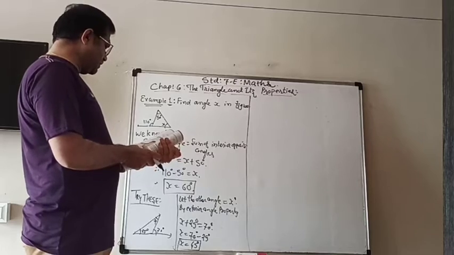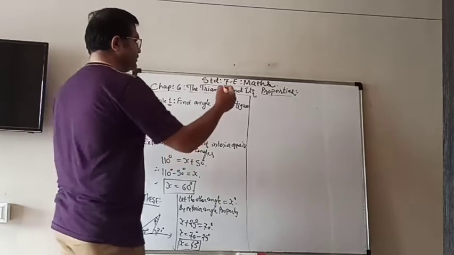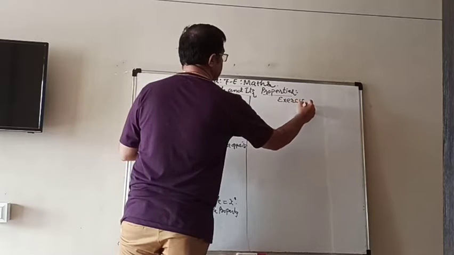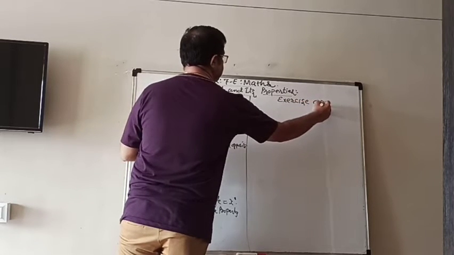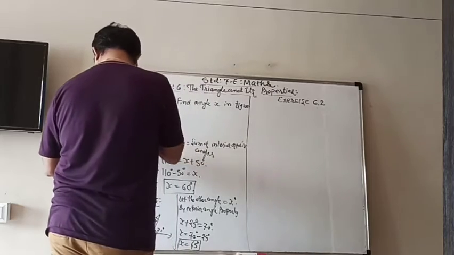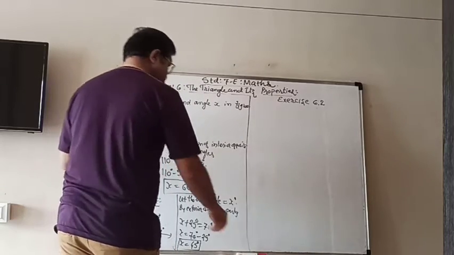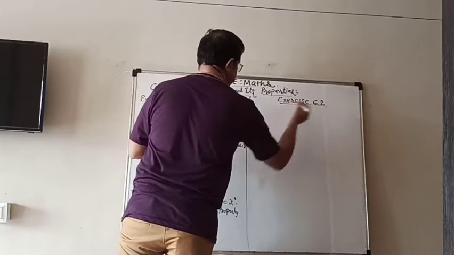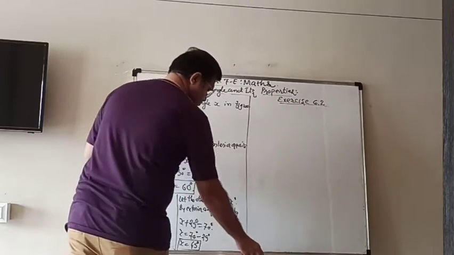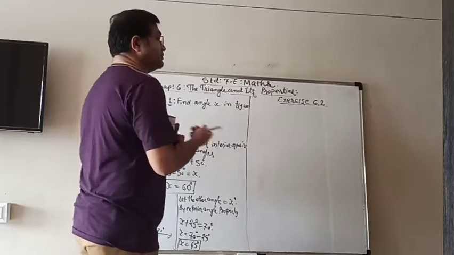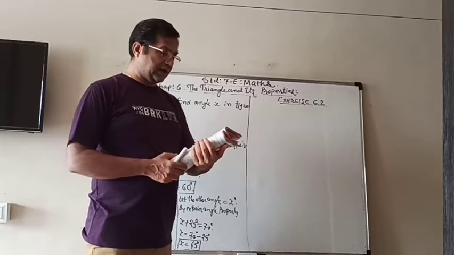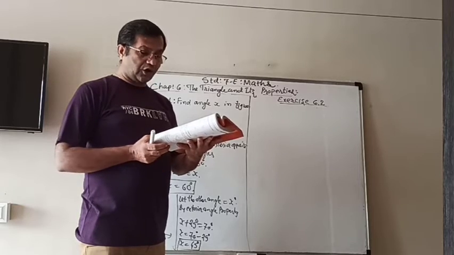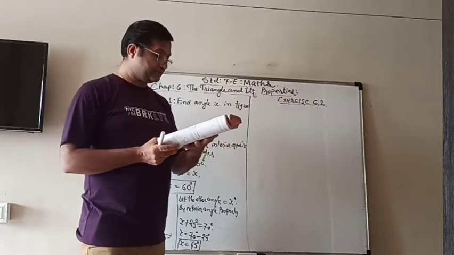The other question you can write down yourself. We are going to start the exercise. Exercise 6.2. In the first question, there are some figures given. In the figures, some of the angles are given, and you have to find the value of the exterior angle.